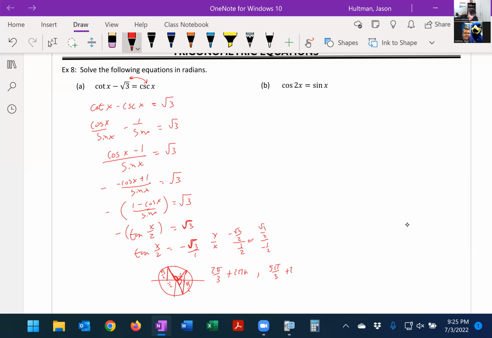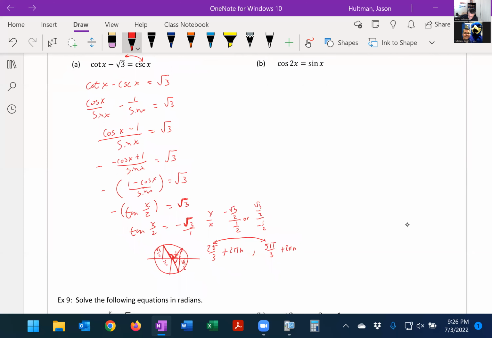However, notice that these guys are pi units apart. So we would say that x over 2 is equal to 2 pi over 3 plus pi n.